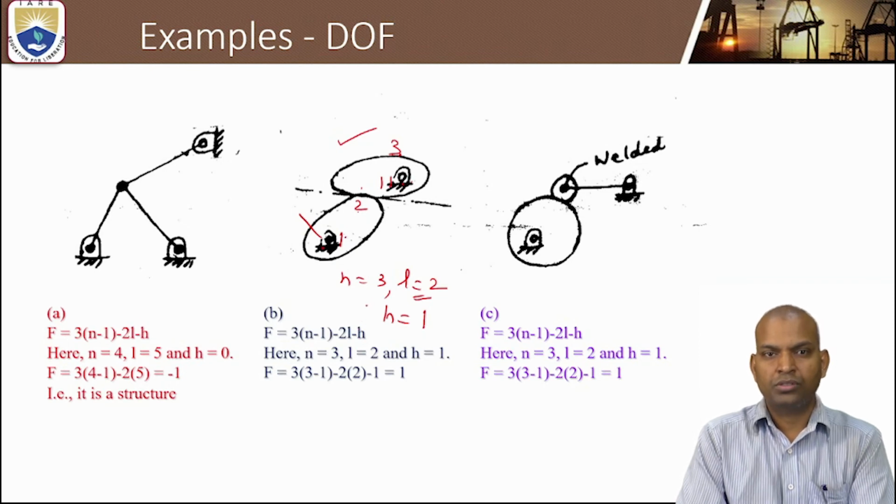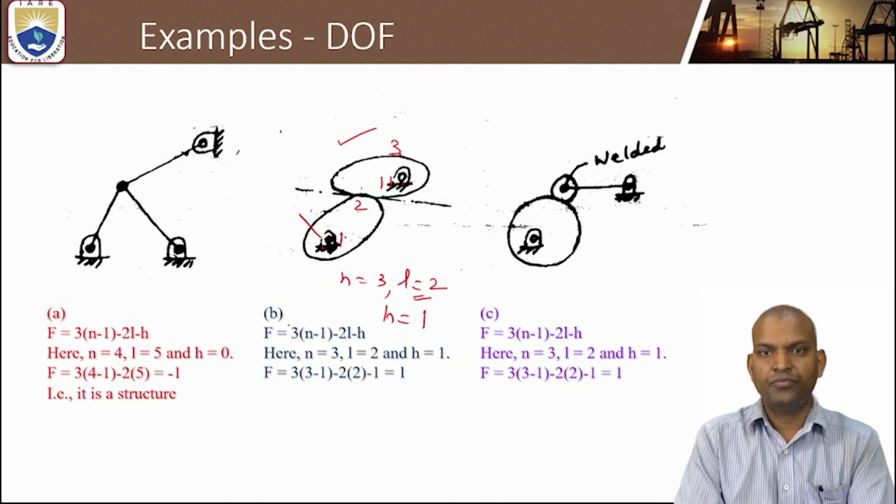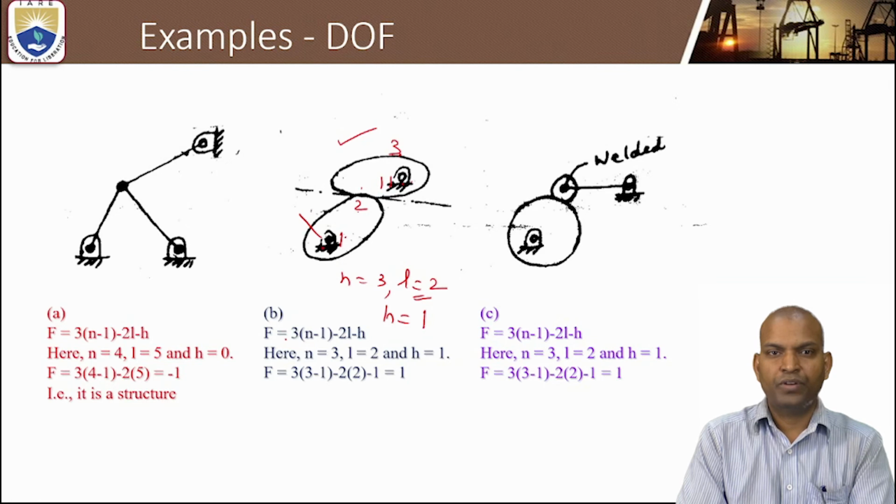Substitute these values of number of links, lower pairs and higher pairs in the formula of degrees of freedom, that is F equal to 3 times n minus 1 minus 2L minus H. Then the degrees of freedom is equal to 1.